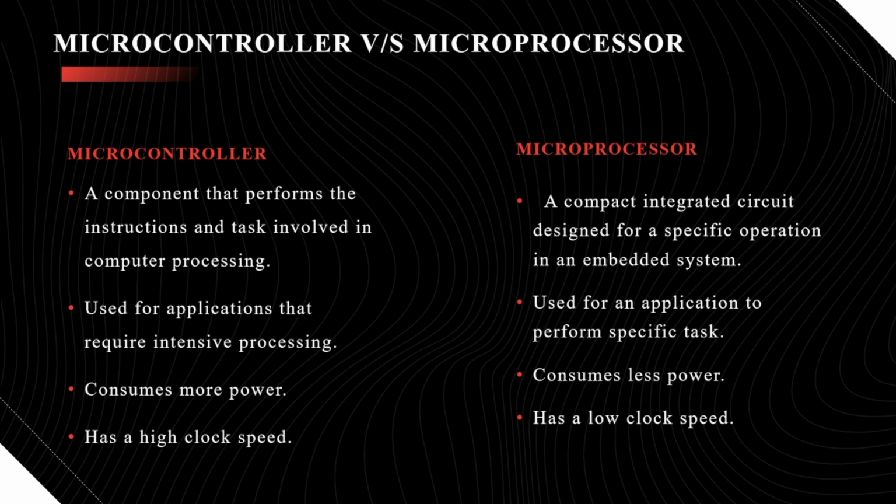Microcontroller is used for applications that require intensive processing, while the microprocessor is used in an application to perform specific tasks. Microcontroller consumes more power, while the microprocessor consumes less power. Microcontroller has a high clock speed. Microprocessor has a low clock speed.